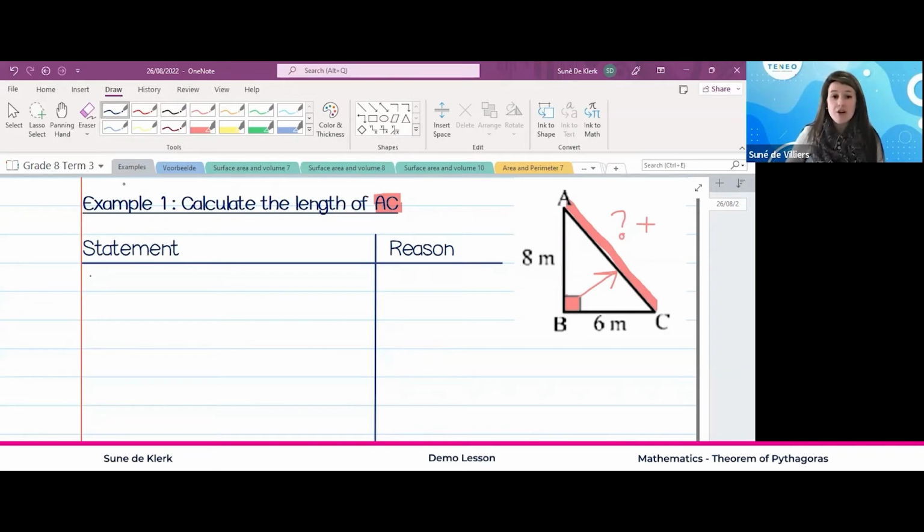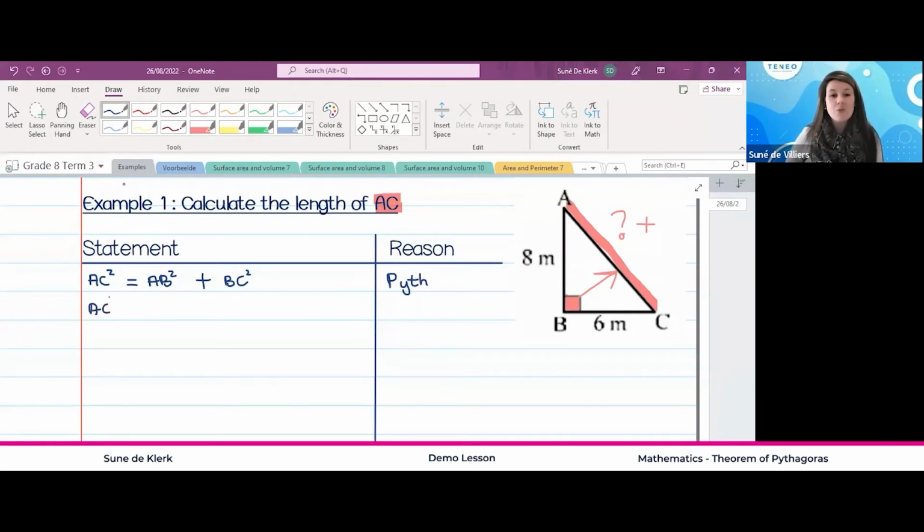We will always start with our line that we need, which is AC squared. And we already figured out that we're going to add the 2 shorter sides. So AB squared plus BC squared. And we always need a reason for Pythagoras, and we just write Pythagoras.